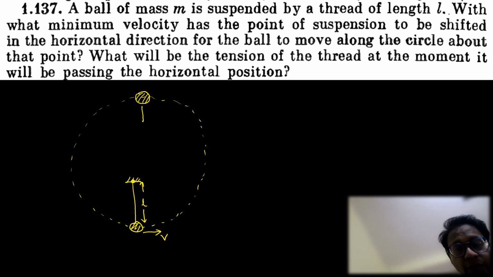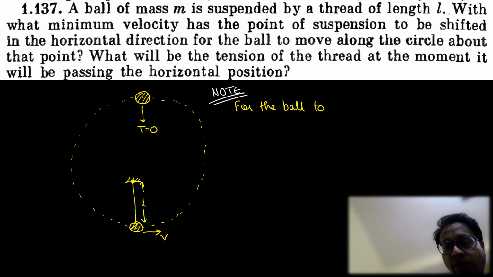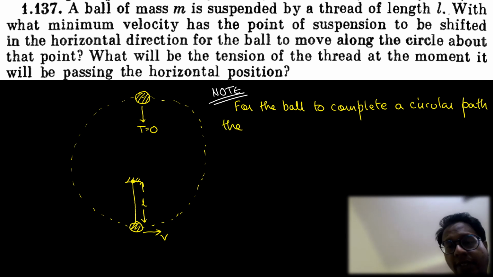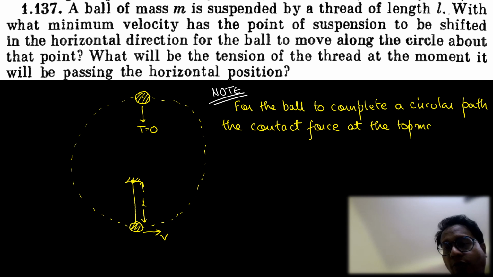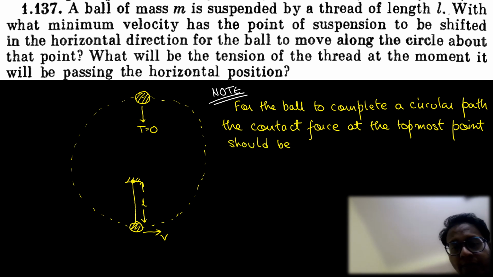So make a note: for the ball or object to complete a circular path, the contact force at the topmost point should be equal to 0.